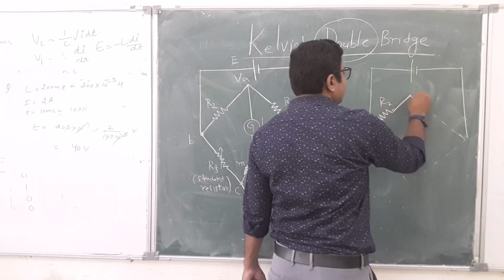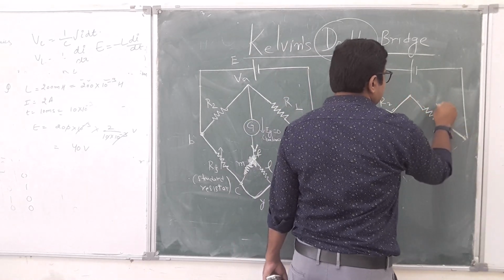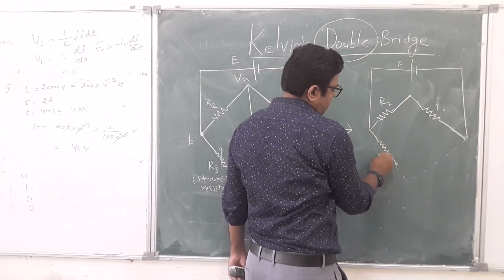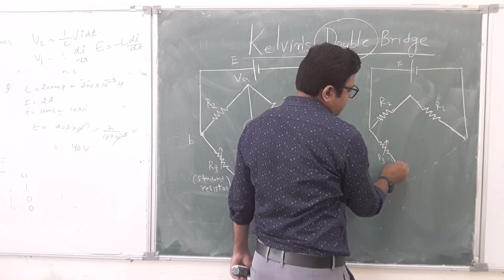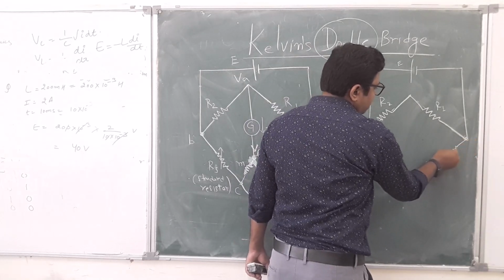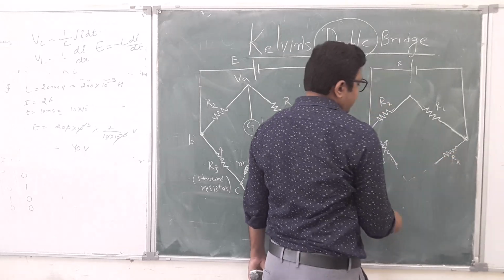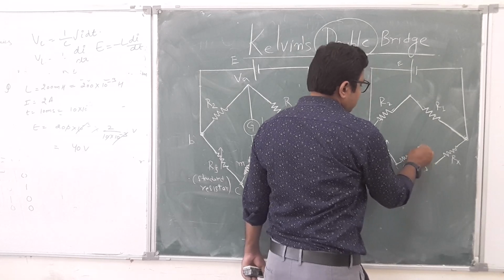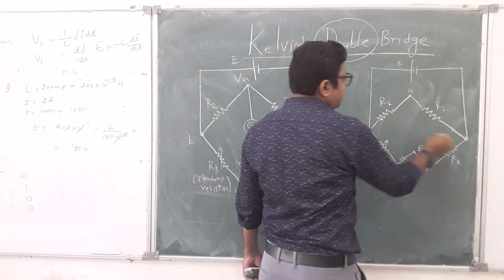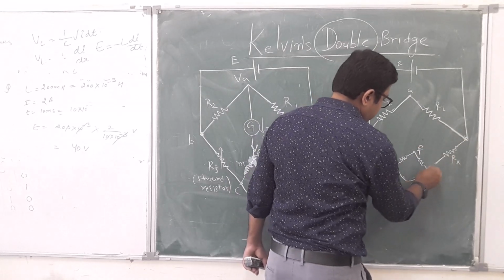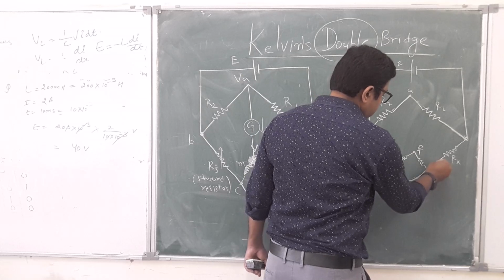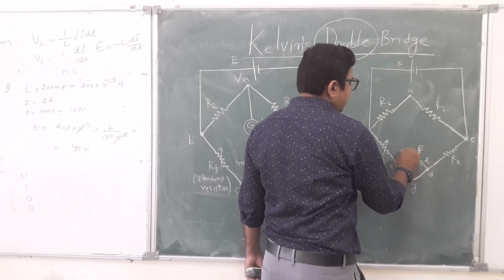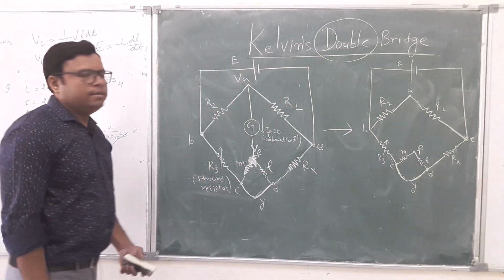This is R2, R1, this is E, this is R3, this is Rx, this is F, A, B, C, D, E, F, and this resistor is Y, this is L, this is M. Fine.